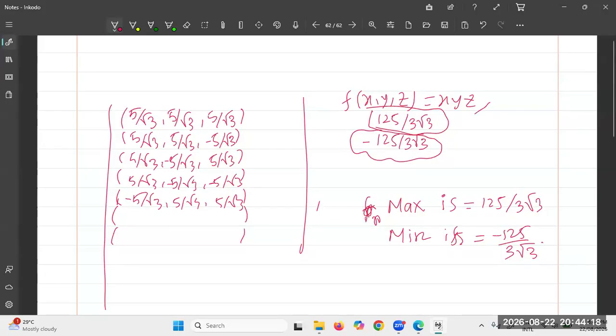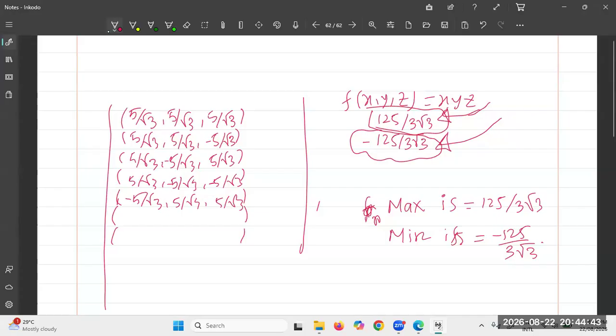So the maximum value of the functional output over all of the inputs is called the maximum value of that function under the given restriction. And the lowest functional output is called the minimum value of that function under the given restriction g of x, y, z.